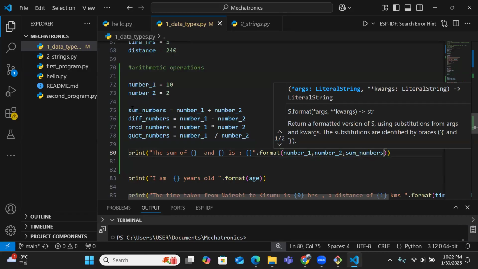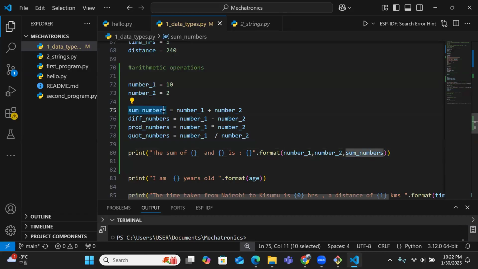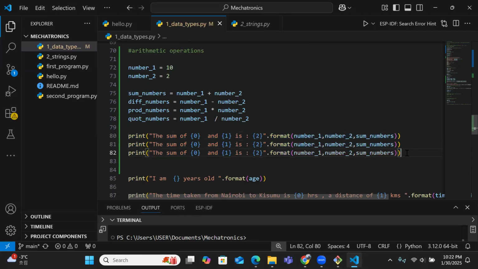You see this sum numbers? So that is the third parameter. But didn't you need to write the 0, 1, and 2? Yes, 0, 1, 2. So you need to do that, and then you will have the sum of the numbers like that. And similarly, you can do it for all the others.